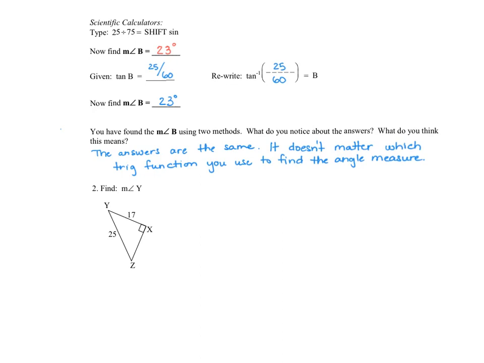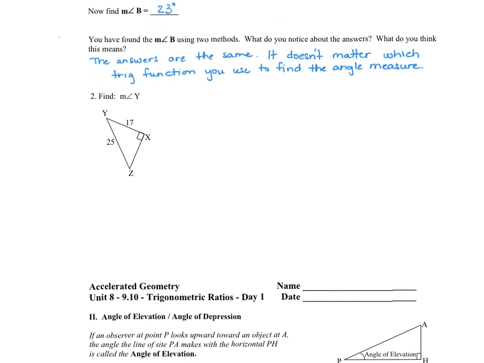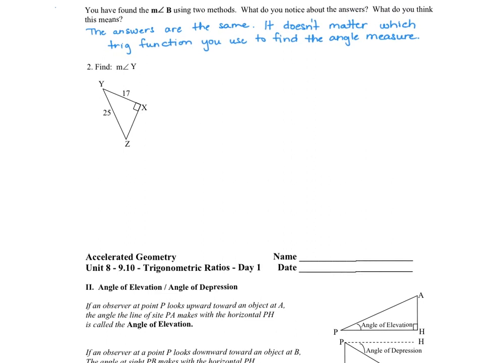So let's try another problem. If we want to find the measure of angle Y, remember we always start with the angle we're working from, our reference angle. So the angle Y, we have two sides relative to angle Y. We have the hypotenuse over here is 25, and we have the adjacent over here is 17.